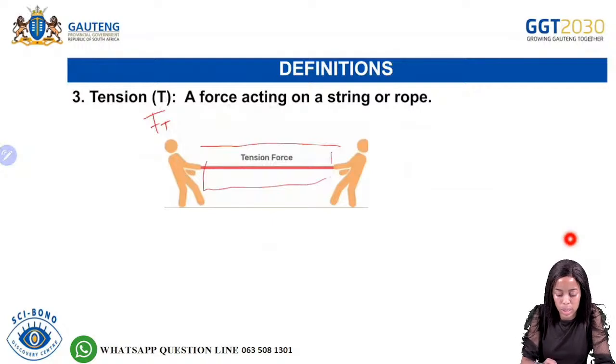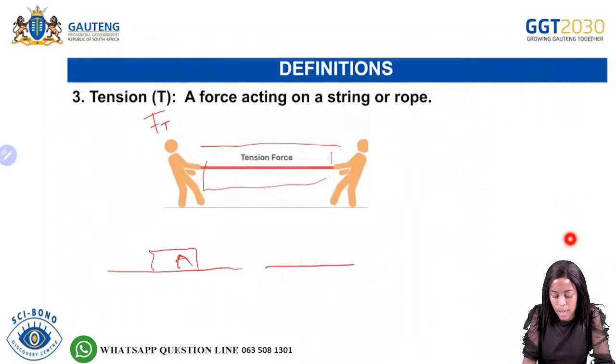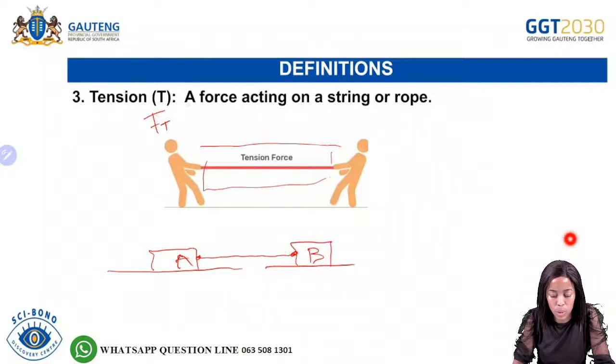If I represent it using boxes, we'd have box A and box B. In between the two boxes we would have your tension, which can be represented by Ft, or by capital letter T. Okay.